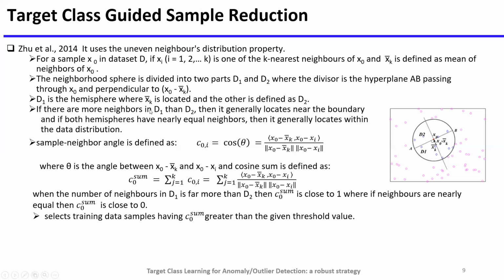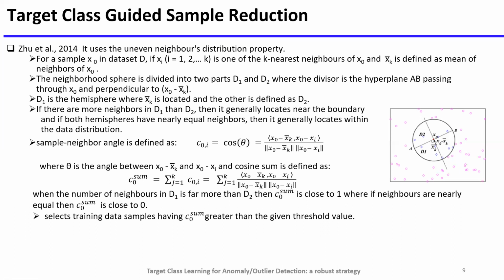If there are more neighbors in D1 than D2, then the point is generally located near the boundary. So we can easily say that if D1 has more neighbors compared to D2, then this x0 is going to be a boundary point.